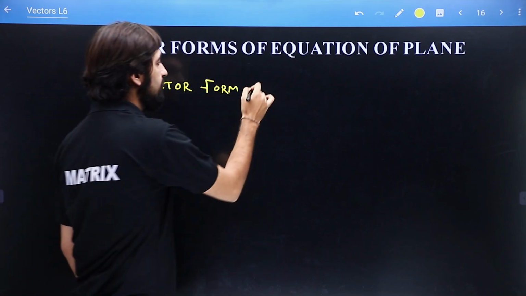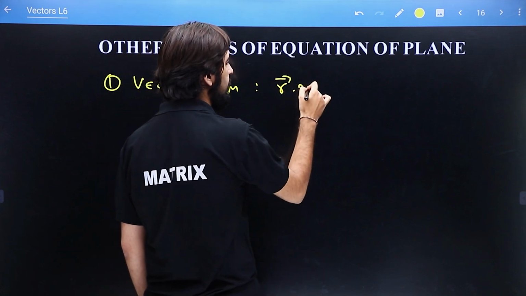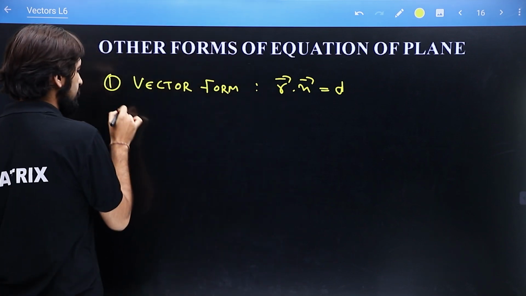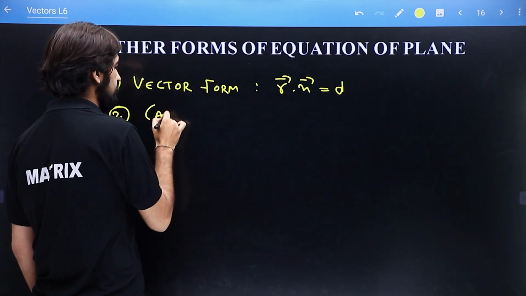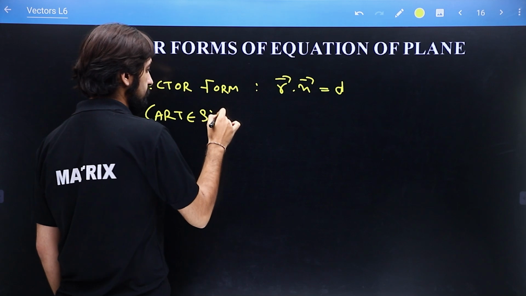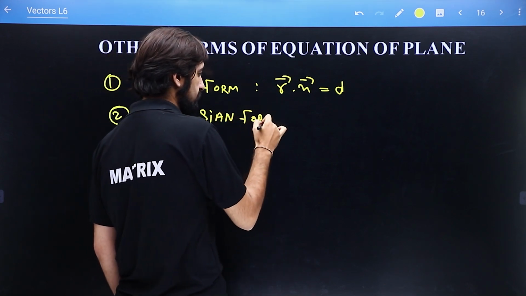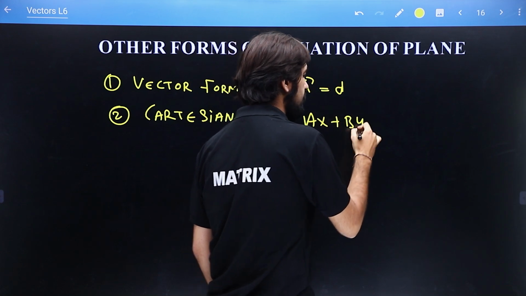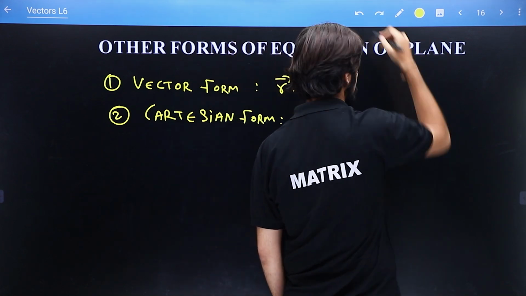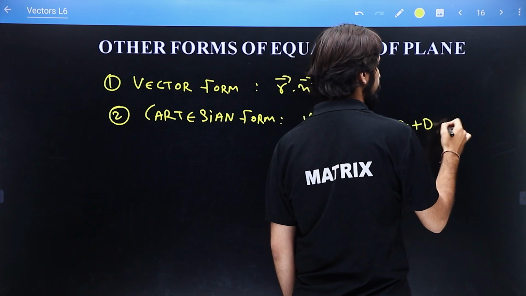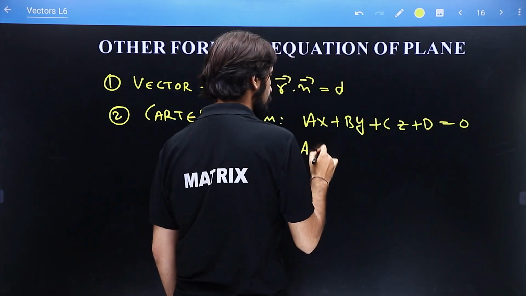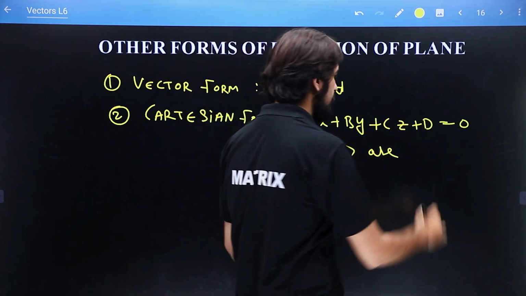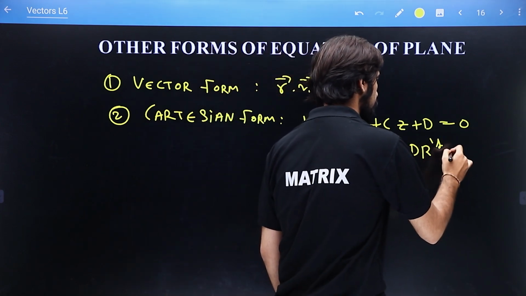This was clearly R dot N is equal to D. Second, we have seen Cartesian form, which was ax plus by plus cz plus d equal to 0, where a, b, c are the DRs of the normal.